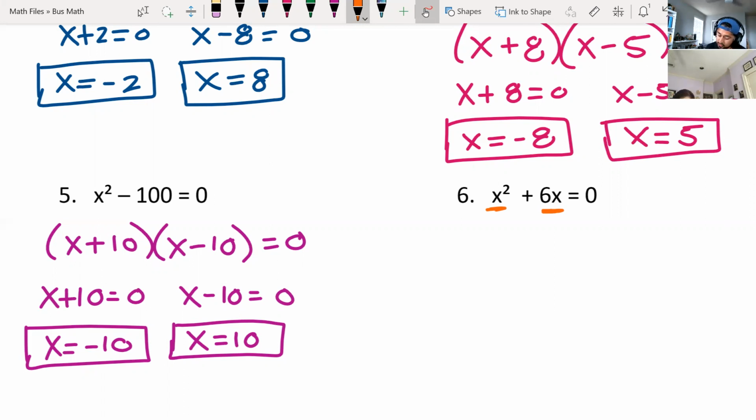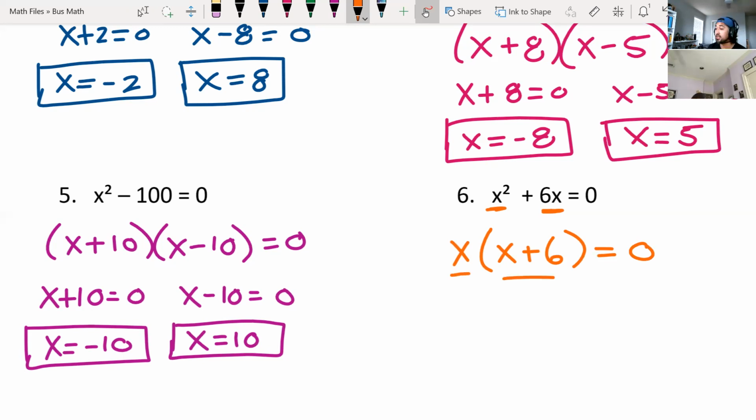Take an x out. If we factor an x out, this leaves me with x times x plus 6 equal to 0, which means this is factored. We can't do anything else.